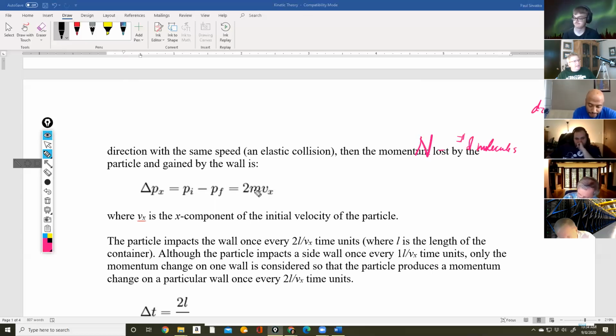Now, why does this make sense? Remember we said it's moving there at 30 and then it's moving this way at 30? And so the difference in the velocity is twice the velocity.